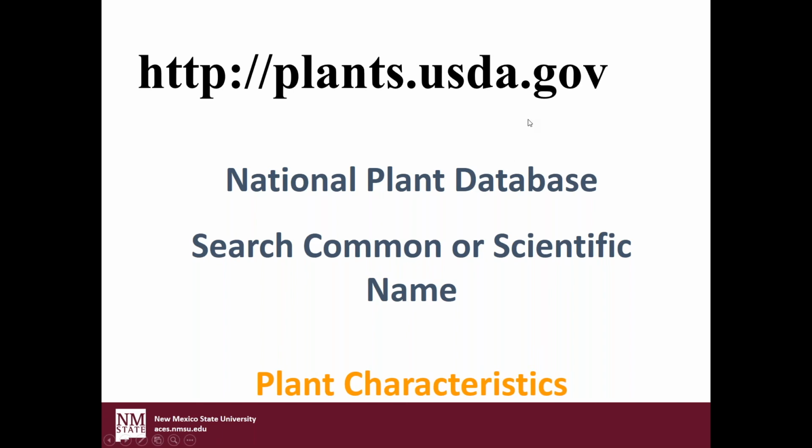So the National Plants Database is a very good place to start. And then you can search on either the common name or the scientific name. And that can help you narrow down. And then you can start looking for specific varieties that might be touted as being tolerant to this type of a high pH situation.